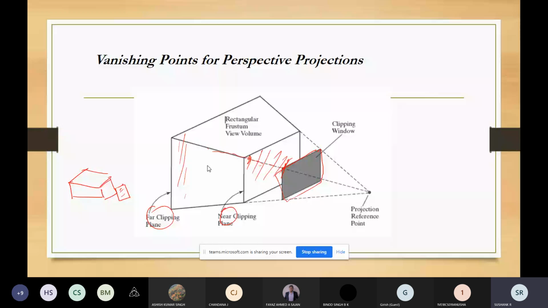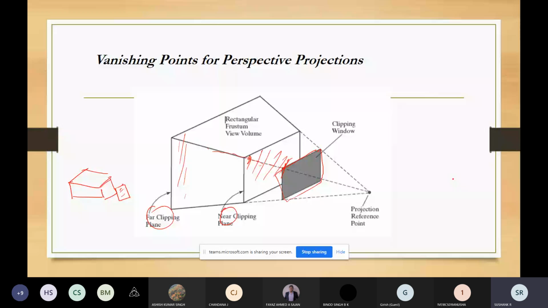The top, bottom, and side faces of the view volume are planes through the window edges which intersect at the projection reference point. All these faces, the top side, the bottom side, the side faces, intersect at the projection reference point.